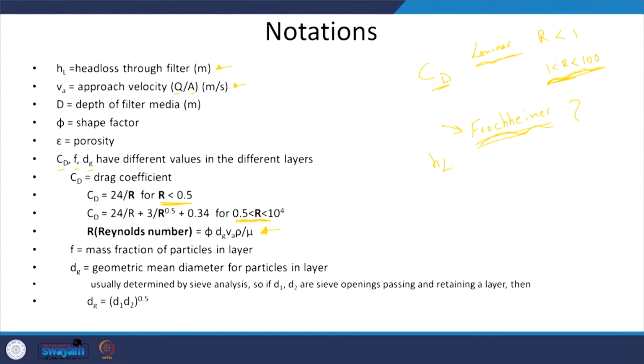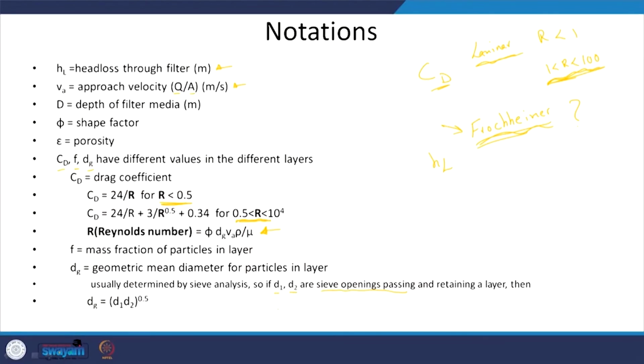Again, this is something that we have looked at. The filter media is passed through sieves of different size. Depending upon the need, you will look at different sieve sizes and the fraction that is retained, and then you will be able to get your geometric mean diameter.